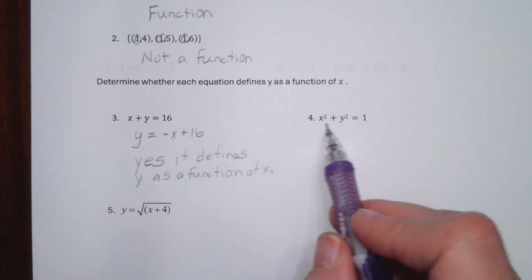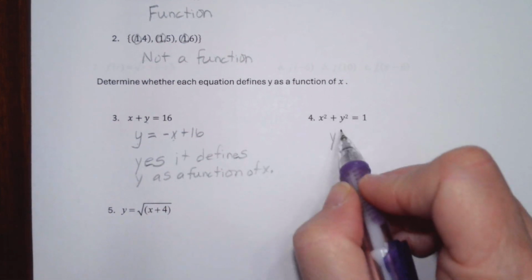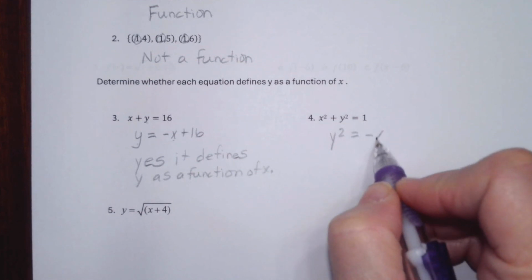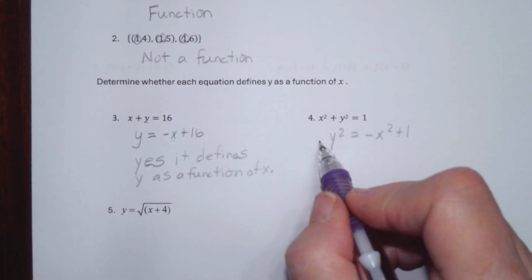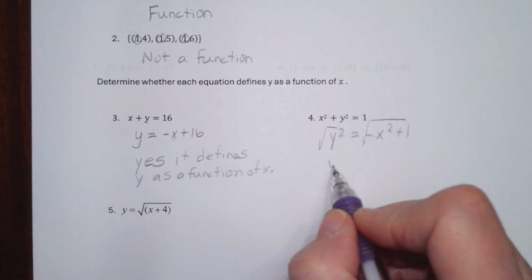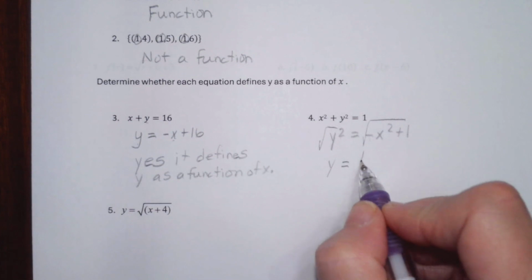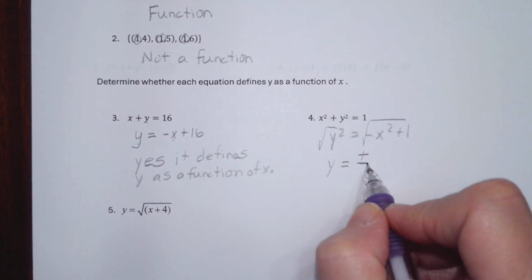This right here, if we were to solve, we would go y squared is equal to negative x squared plus 1, and we just needed y. So then we would take the square root, and whenever we take a square root, we have to take both the positive case and the negative case.